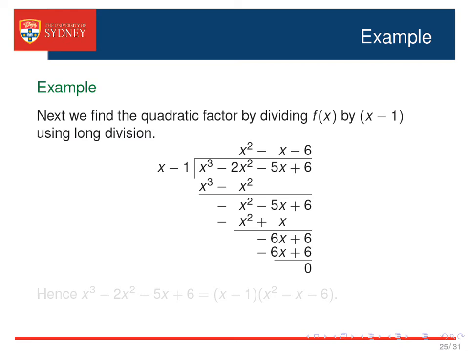We expect the remainder to be 0 since x minus 1 is a factor of this cubic expression. Hence, we can rewrite this cubic expression x cubed minus 2x squared minus 5x plus 6 as a multiplication of the divisor, that is x minus 1, and the quotient x squared minus x minus 6.